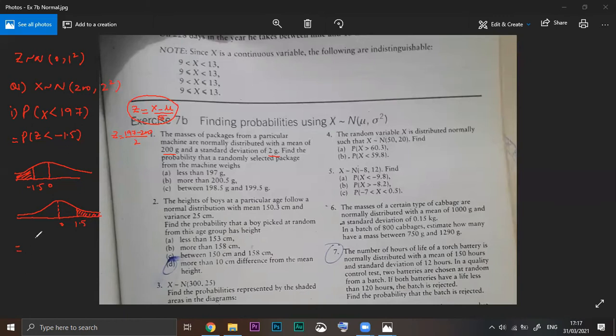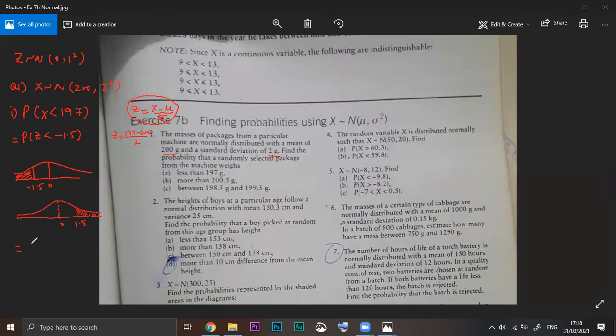Phi of 1.5 means the area less than 1.5. The table always gives us the area less than any positive value.